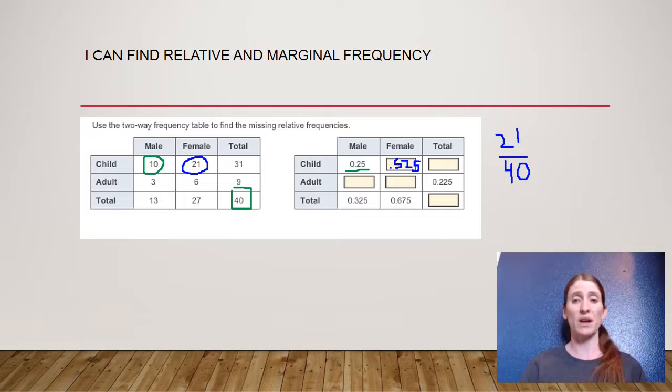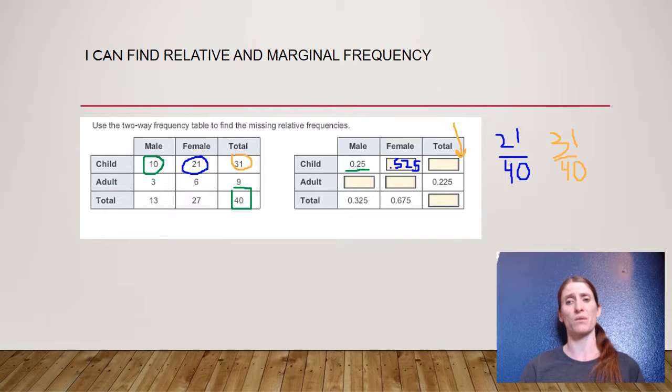For the total right here, let me put it in yellow. For this total right here, you could do one of two things. You could take the 31 and divide it by 40. Okay. And that will give you the total there. But you could also take the total in each part of the row, so the 0.25 here, and add the 0.525 here, and that should equal your total as well, okay?